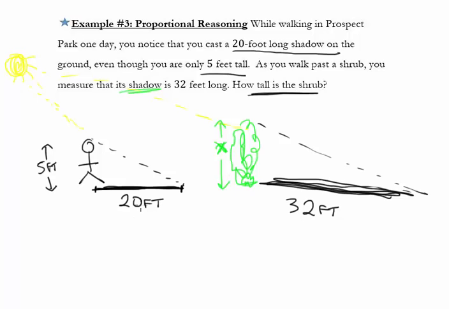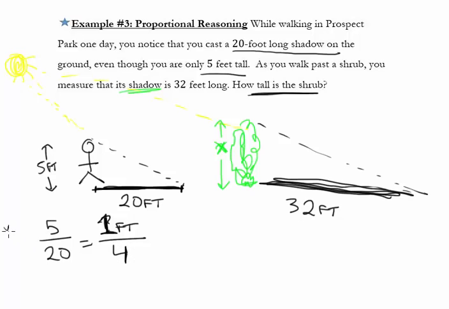Well, here's one way you can think about it. If 5 feet of you makes a 20-foot shadow, how much of a shadow would each foot of you make? We can do our cross-multiplying or we can just think about it, right? 5 to 20 is the same as 1 to 4.